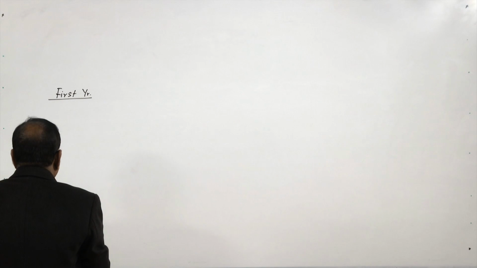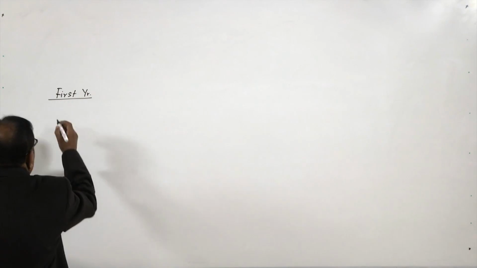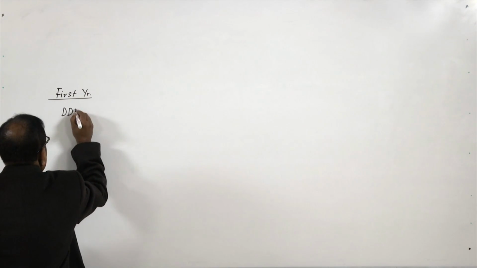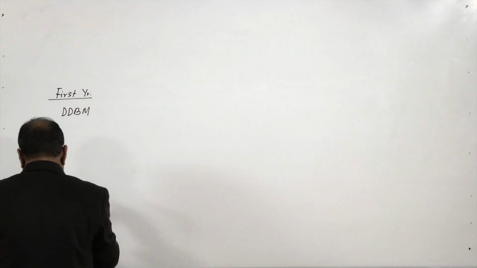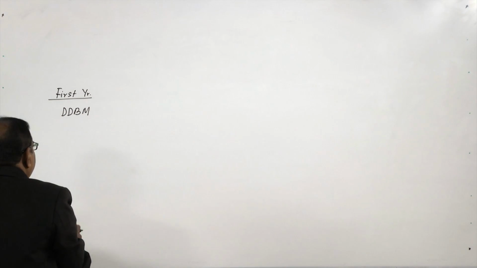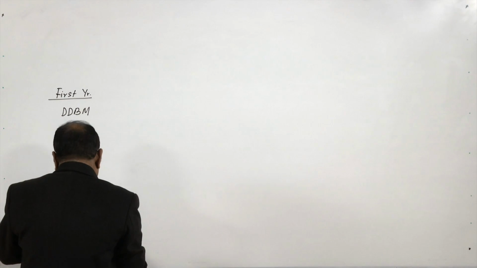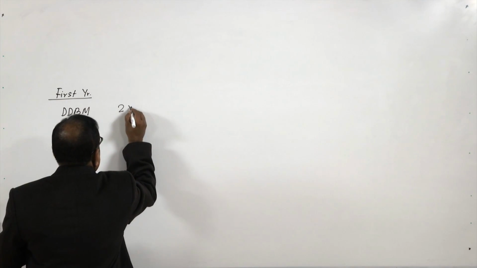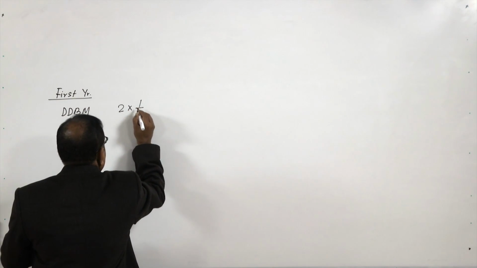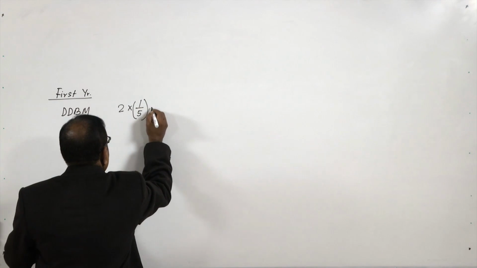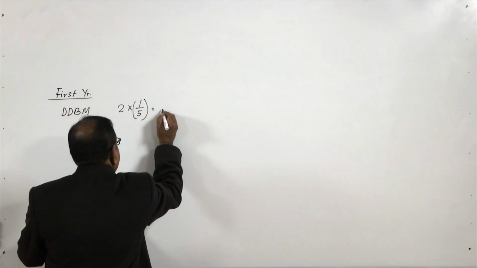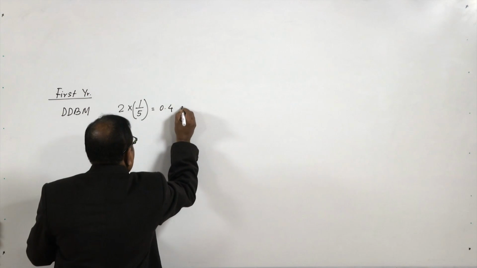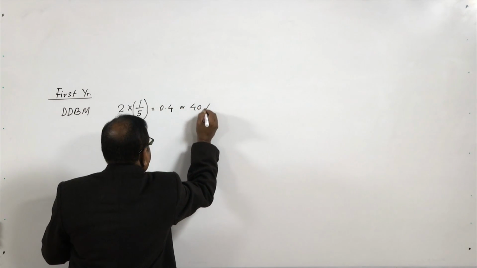The double declining balance method will compute a depreciation which is equal to 2 into 1 by 5, is equal to 0.4 or 40%.